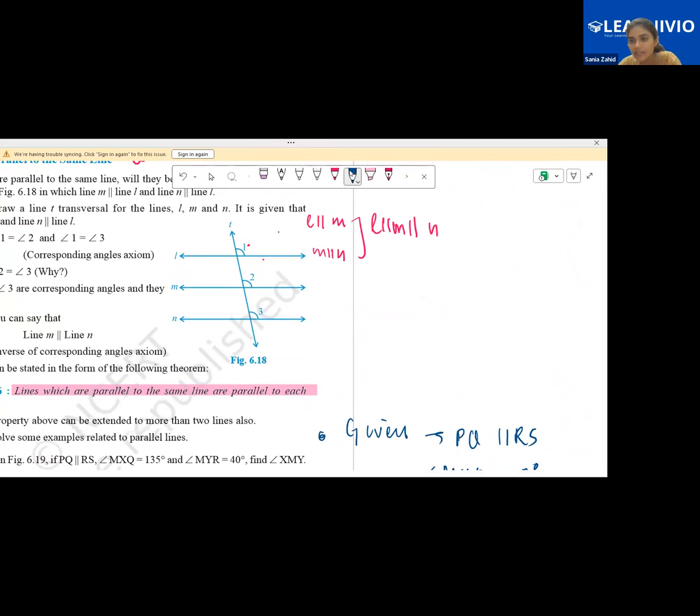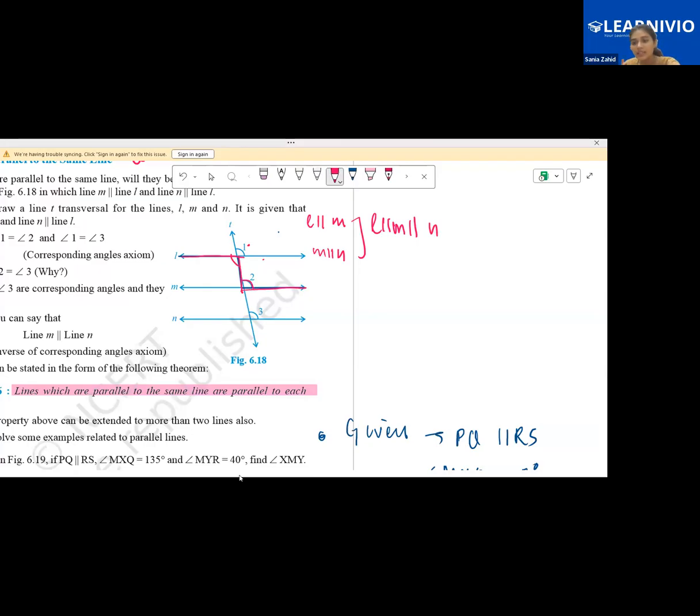See, if you have parallel lines, the angles that are formed on the Z, like this angle and this angle, this line and this line. So you have a Z. The angles that are formed in the vertex of a Z are called alternate interior angles, right?